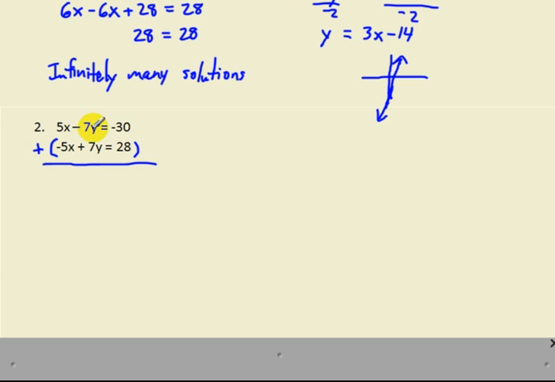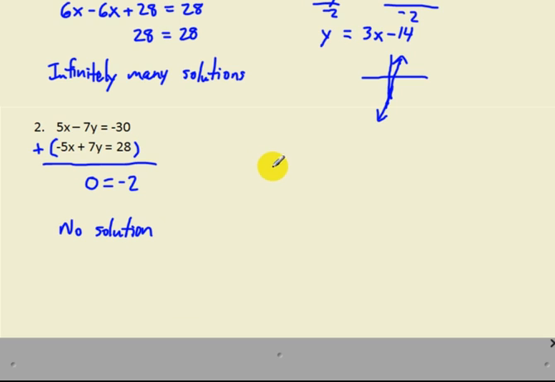But then when we look at the y's, negative 7y plus 7y is also 0. So we've also eliminated y here, so we end up with 0. And then negative 30 plus 28 is negative 2. But 0 will of course never equal negative 2, and that tells us there's no solution.